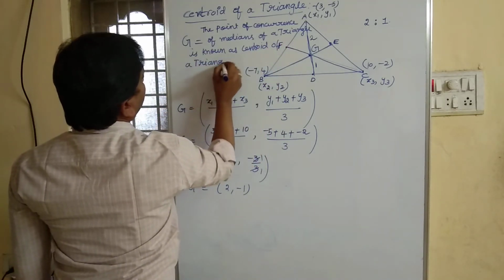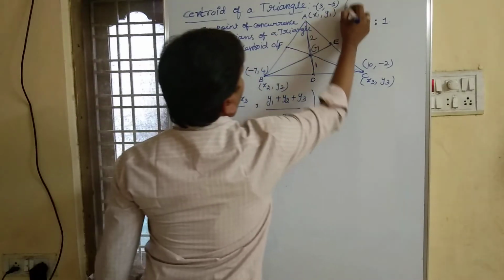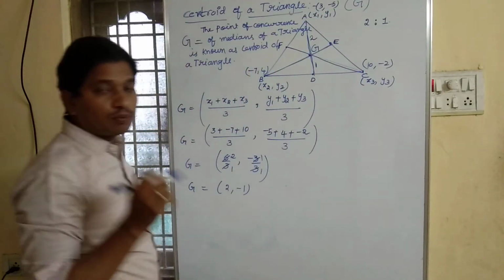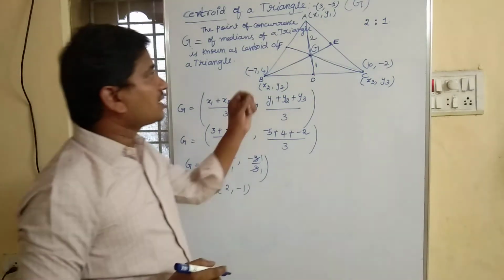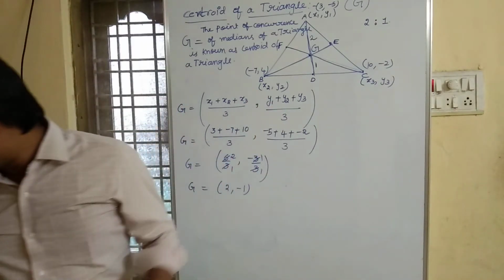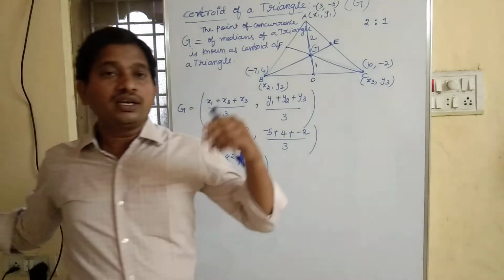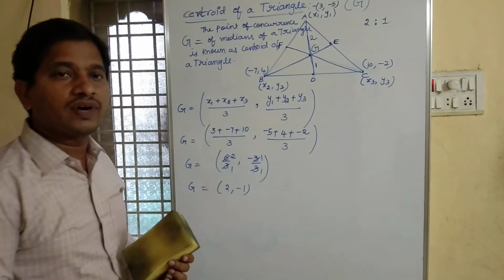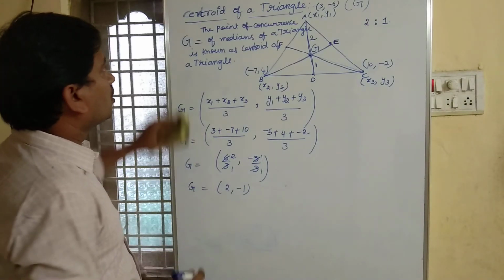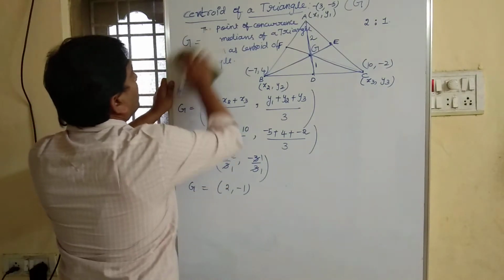It is denoted by the letter G, children. And the most important point is that the centroid divides the median in the ratio 2:1.